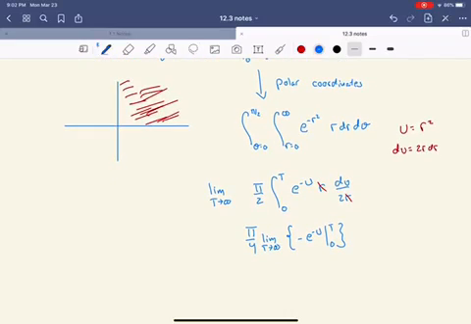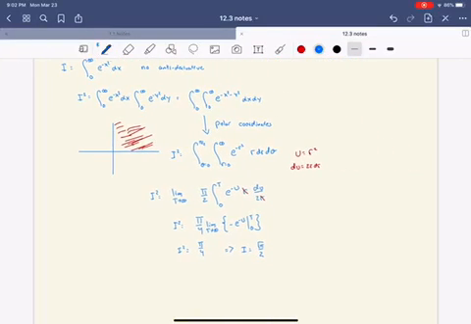Okay. And that becomes pi over 4. Now remember, this is I squared. So I is going to be root pi divided by 2.